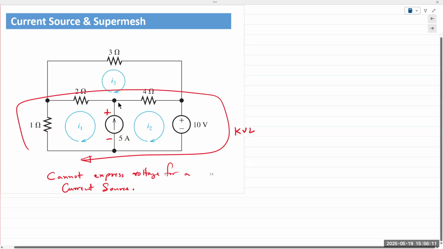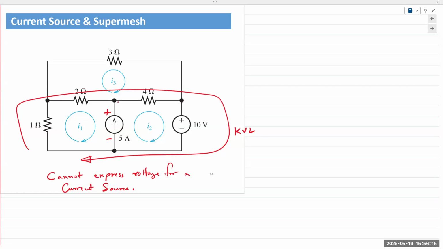And if you wish to write KVL, we still must take into account the two mesh currents separately. So if I start at the bottom left corner and I apply KVL in this direction, this KVL would give me plus 1 times I1 plus 2 times I1 minus I3.